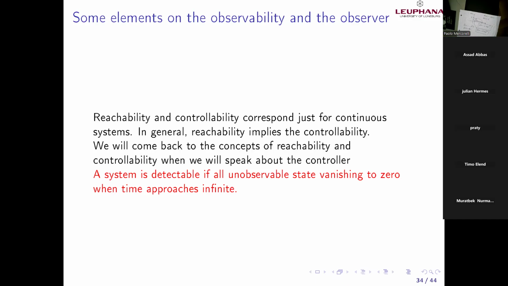The reason is, if what I cannot observe is going to zero, after finite time it could be negligible. Of course, this time could be, at least practically, also large.